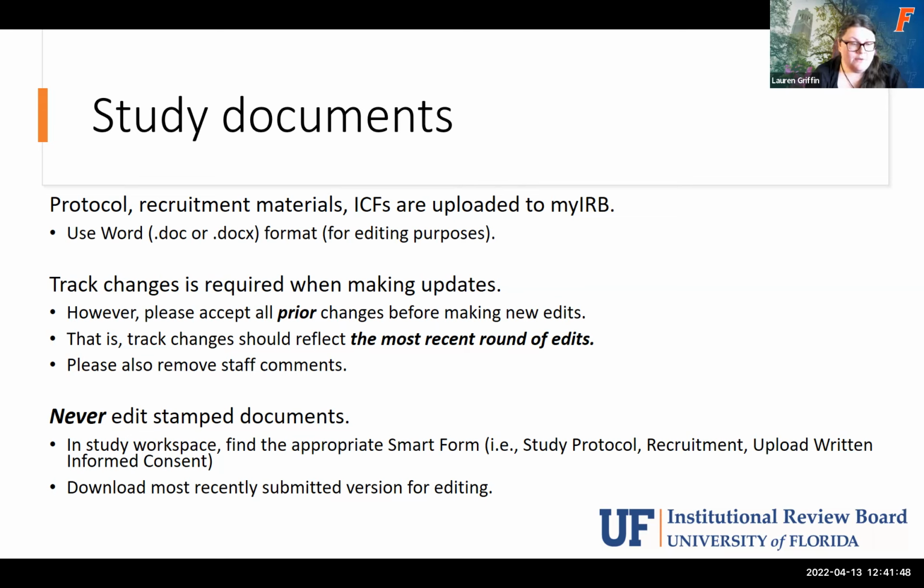Instead, we ask that you go into the study workspace, find the appropriate smart form, so your protocol, recruitment, what have you. Download the most recently submitted version from my IRB, edit that, and upload it. That's a really easy way of making sure that you're not editing something that's been stamped, and that you're editing the most recent version of that particular document.